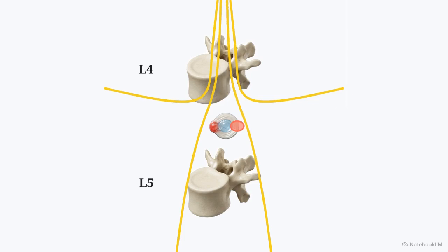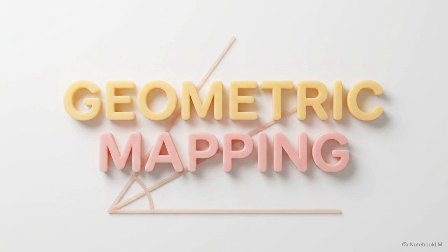The herniation typically misses the L4 nerve root that has already exited above it. Instead, it compresses the descending L5 root on its way down. This specific nerve impingement causes sciatica, projecting pain and numbness straight down the lower limb. Radiculopathy is not a generalized pain response, but a highly predictable consequence of geometric mapping and fluid dynamics.